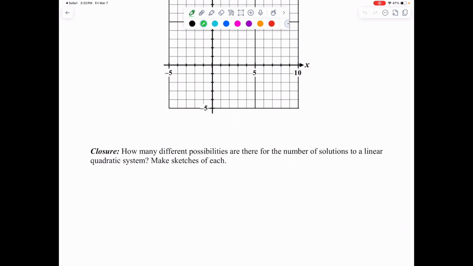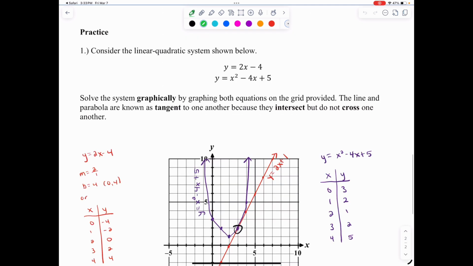How many different possibilities are there for the number of solutions to a linear quadratic system? Make sketches of each of them. So you could write your type of solution with a sketch right next to it. At this time, I'd like you to pause the video, work on these two problems, and then resume the video to check your answers.